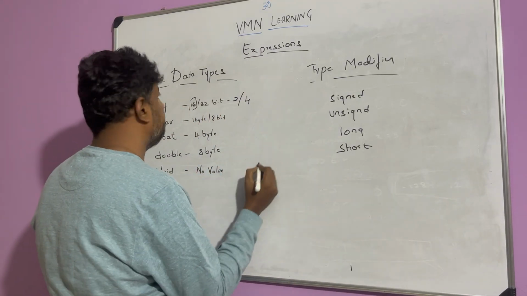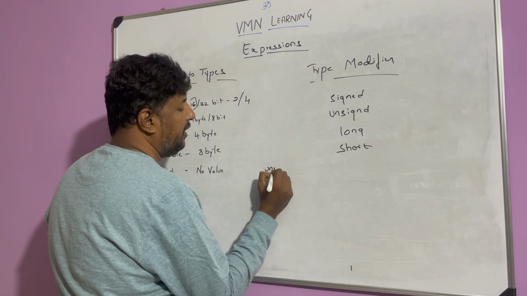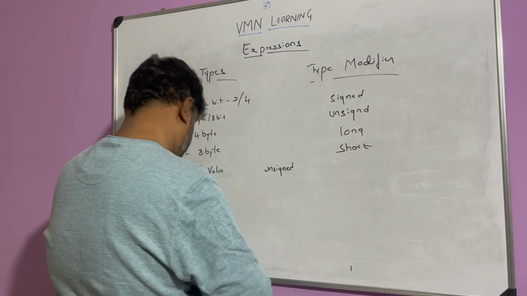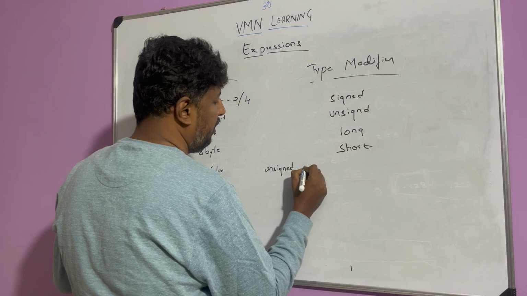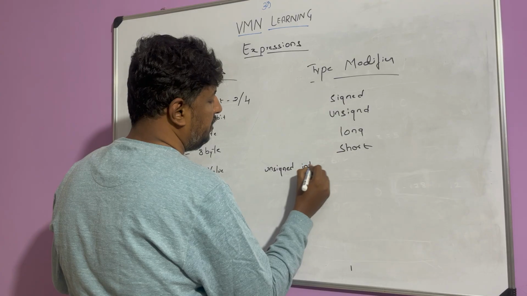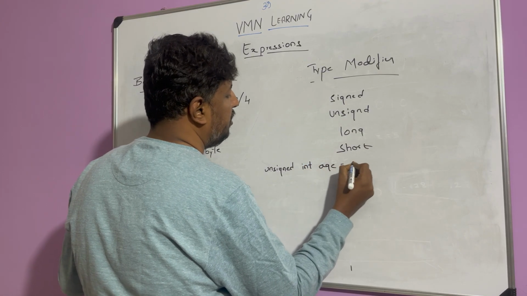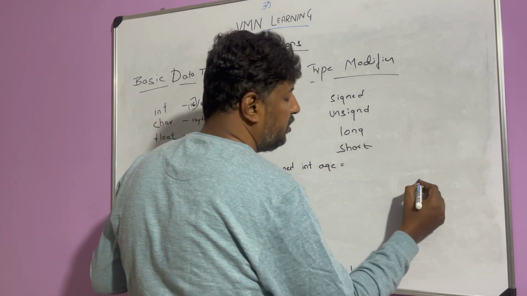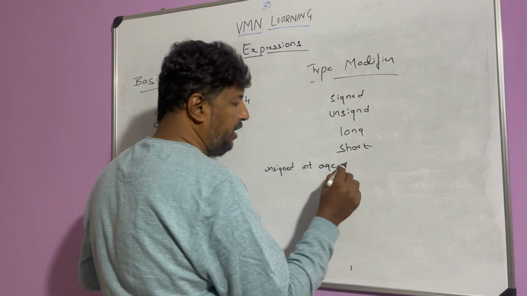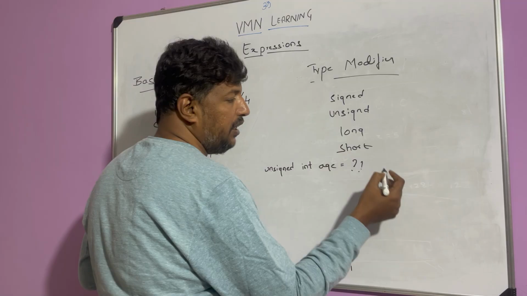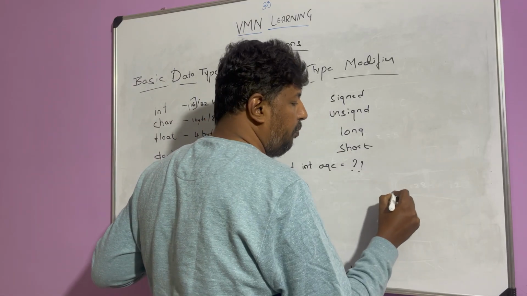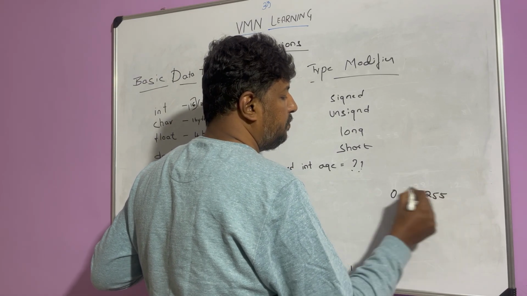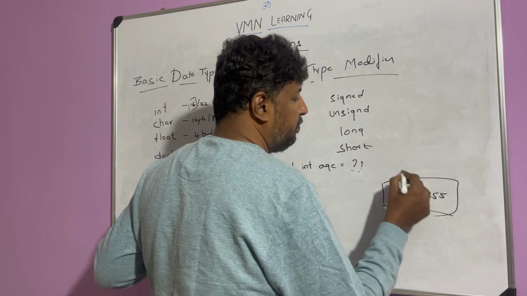So if I say unsigned int age, the allocation can now go from 0 to 255 for an 8-bit machine.